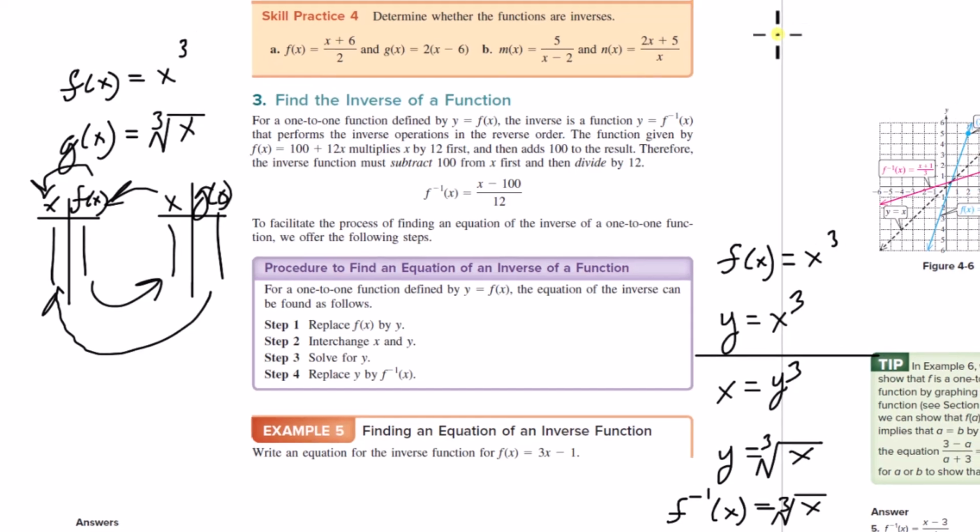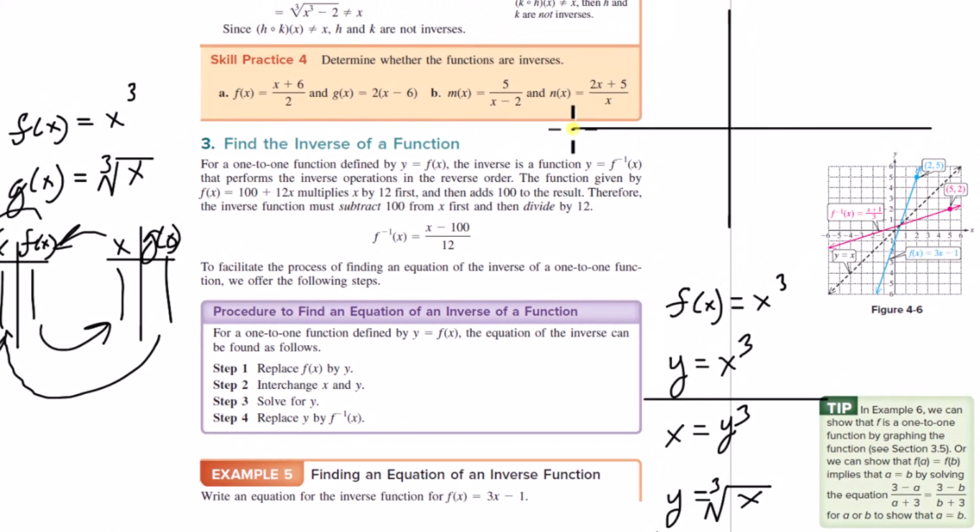Because it's like this. If you had a parabola, okay, that's a function, right? It doesn't pass the horizontal line test, so it doesn't have an inverse. But if you solved for x as a function of y, you'd get this.